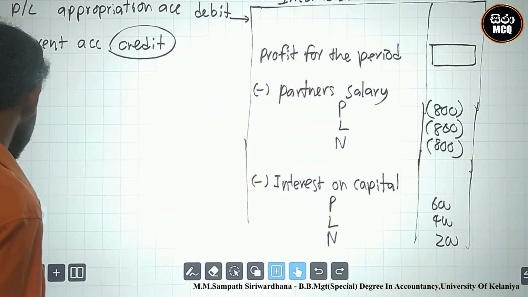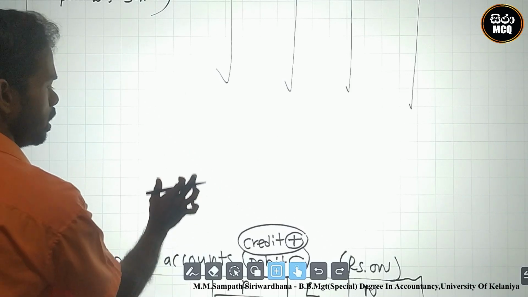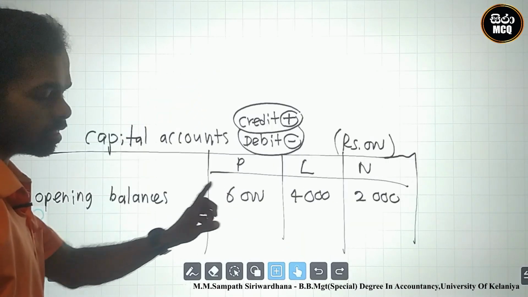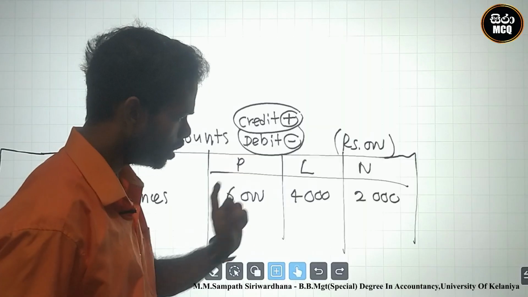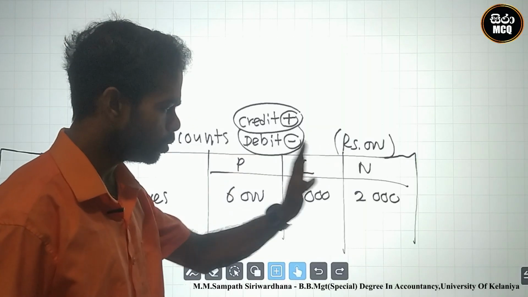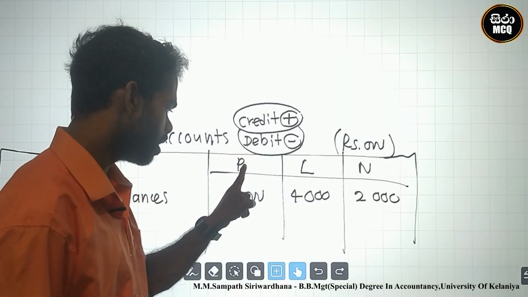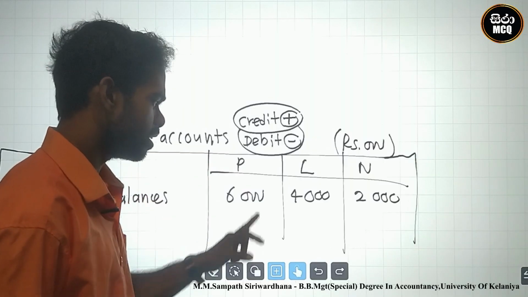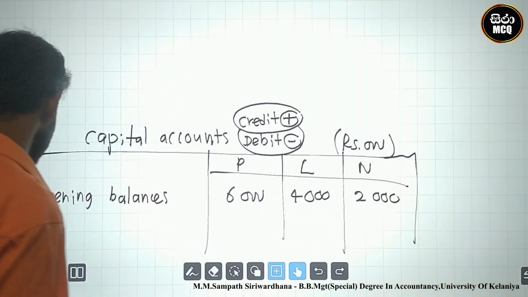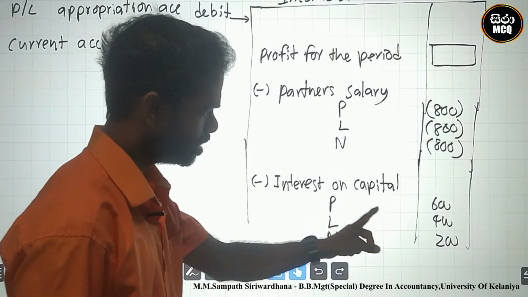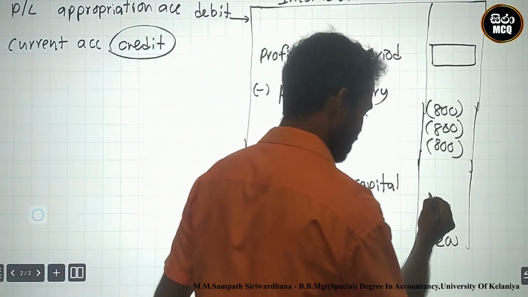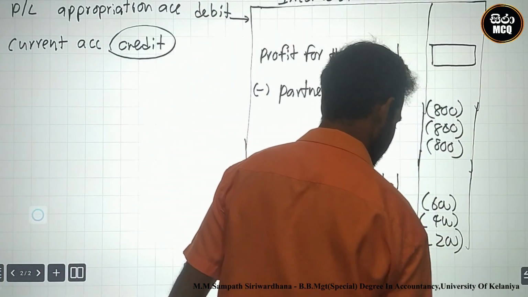What are the bases? 6,000 at 10%, 4,000 at 10%, 2,000 at 10%. What are the answers? Cut the 10. 600, 400 and 200. Therefore, I write 600, 400 and 200. These are the deductions.